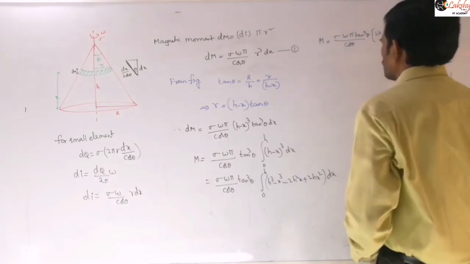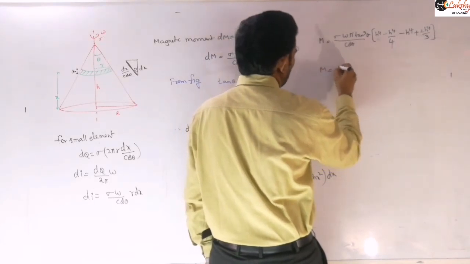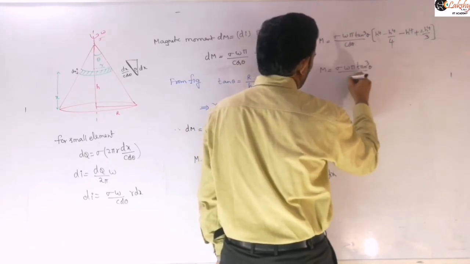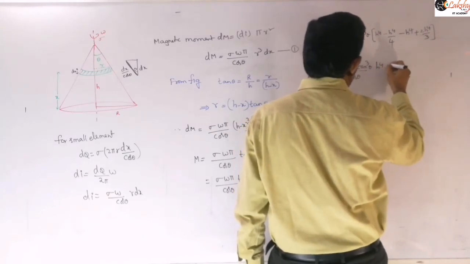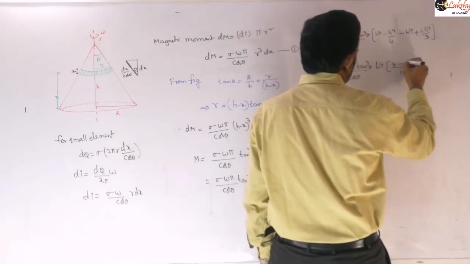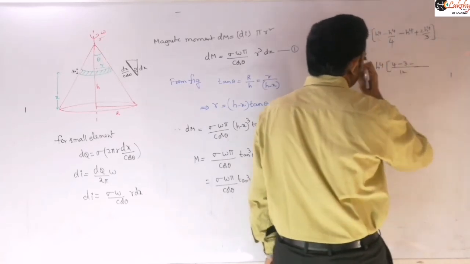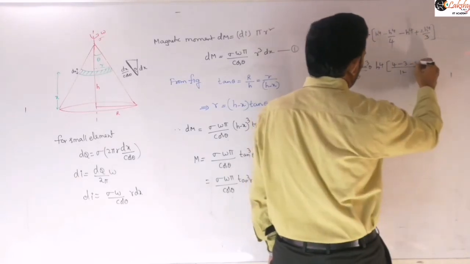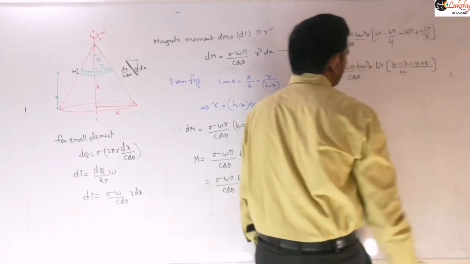And so let us simplify this equation there. Then you can take that LCM and you can simplify this. So sigma omega pi tan cube theta by cos theta into h power 4 you can take common there, and let us take LCM as 12. So 12 minus 3 minus 4 plus 8, right?